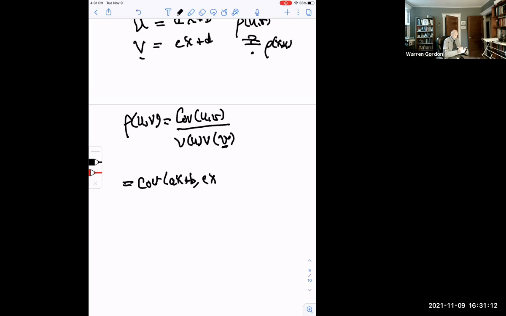So this is the covariance of (ax plus b, cy plus d) over the square root of V of (ax plus b) times V of (cy plus d).